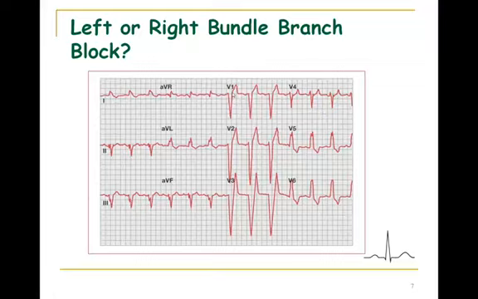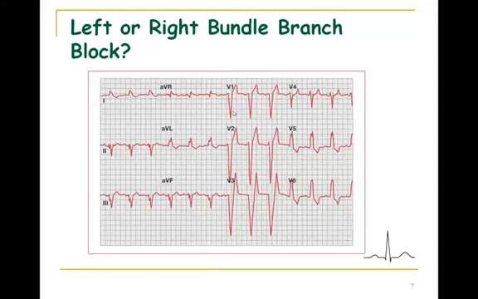If the terminal portion, say the last 0.04 seconds of the QRS complex, is upright, that's a right bundle branch block. If it's a downwards deflection, it's a left bundle branch block. You see this one is a downwards deflection. That's another quick way of determining right or left bundle branch block. To me, it's easier to look at where you see the bunny ears. That's the easiest thing for me.